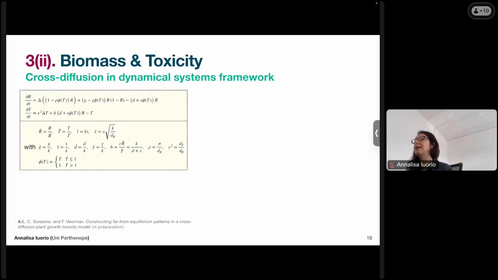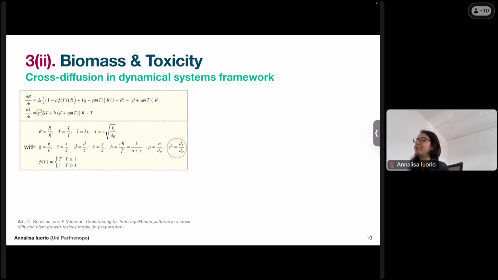So to do this, you need to, again, first non-dimensionalize your system. So you, again, have the appearance of this small parameter epsilon, which is linked to a ratio between diffusion coefficients. In this case, we did include the diffusion part for the toxicity.